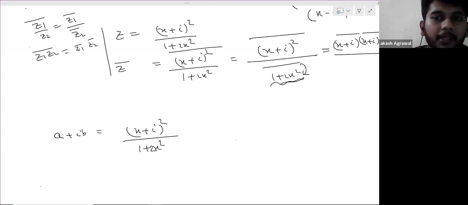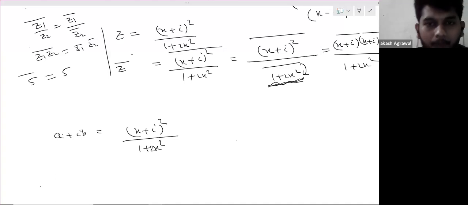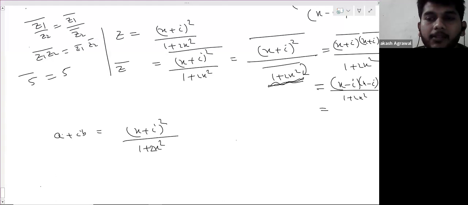There is no imaginary part here, there is no i part, so this will remain the same, right? 5 conjugate is 5 itself. Now in the numerator, what remains? x minus i into x minus i upon 1 plus 2x square. So this is (x minus i) whole square upon 1 plus 2x square. Yes or no?